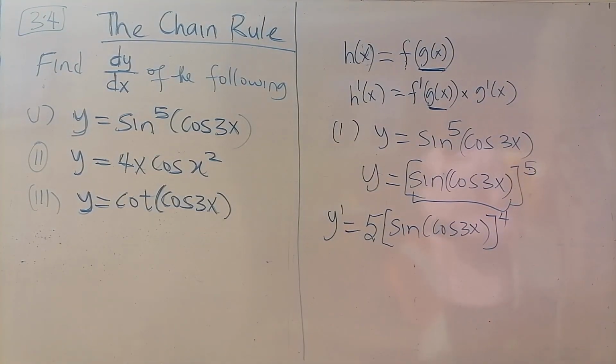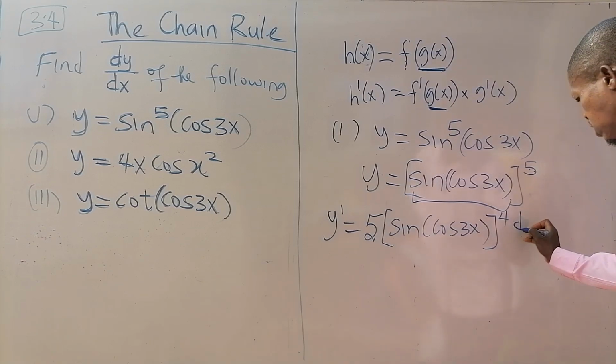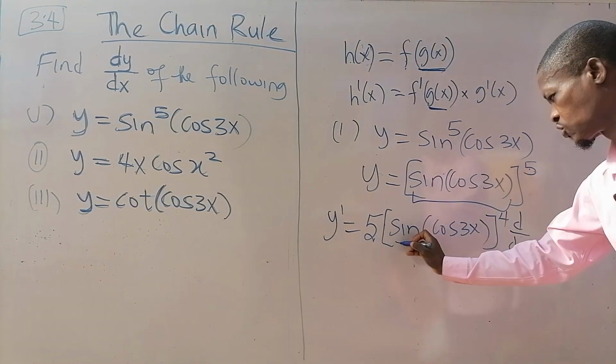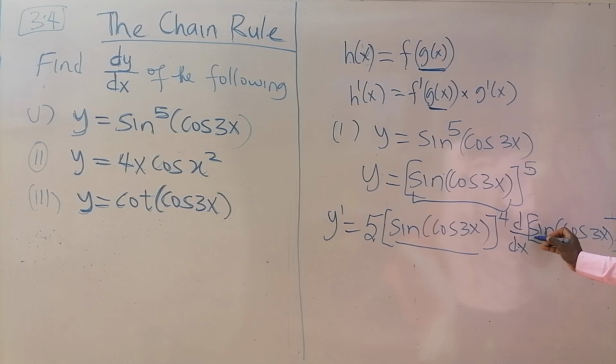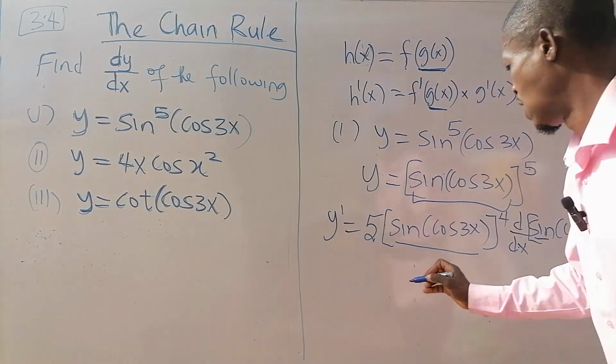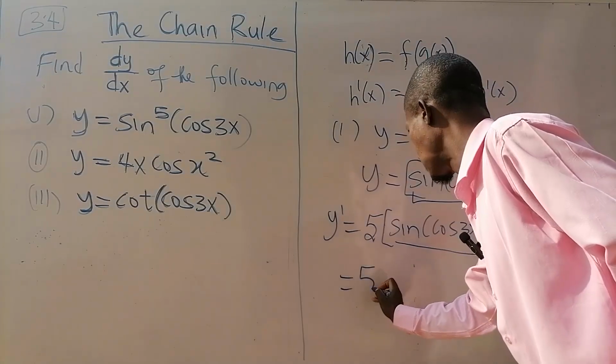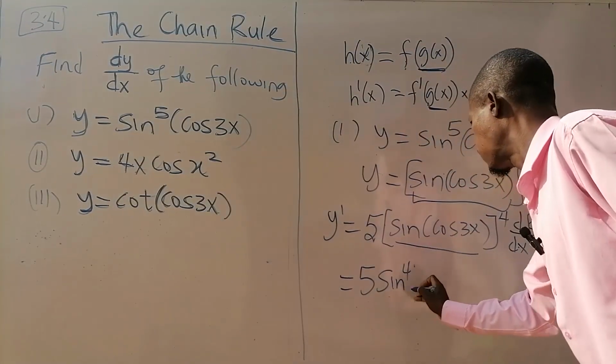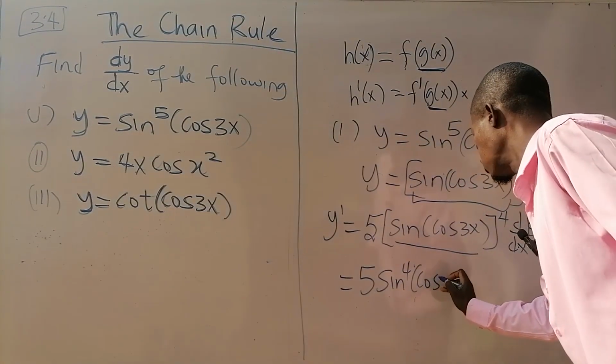The next thing to do is to differentiate the inner function. This function has the outer one and the inner one. So this is going to be 5 sin to the power 4 of your inner function.